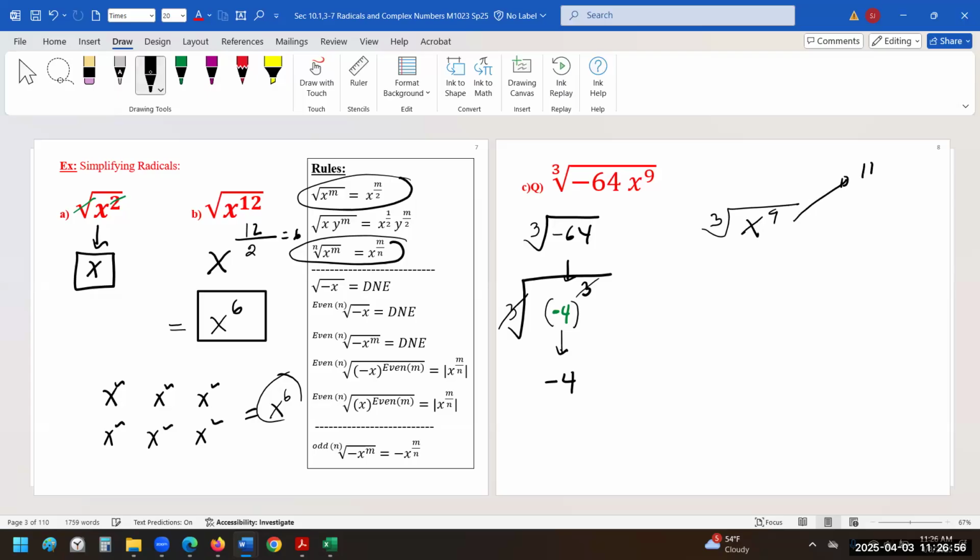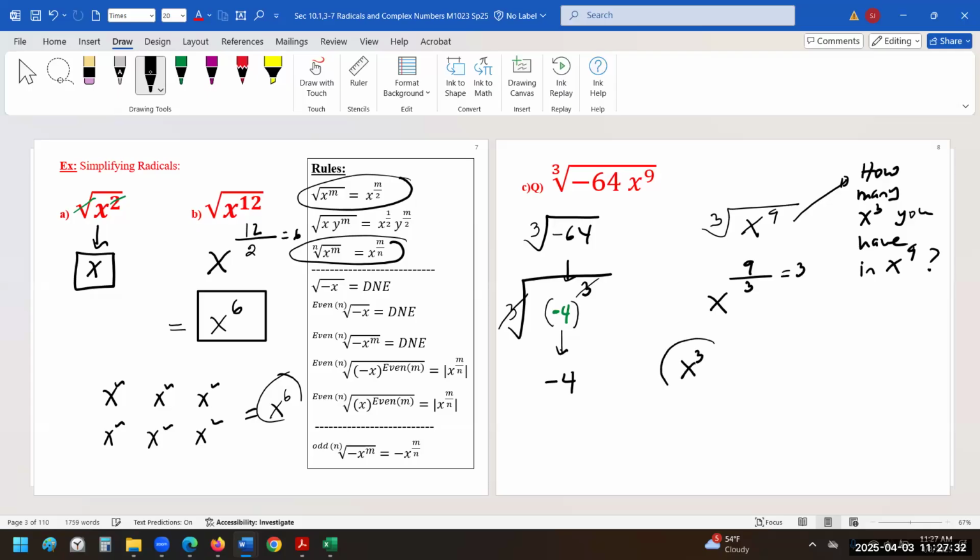This one is asking how many x cubed you have in x to the 9. This is what it means. Because we have a cube root, how many x cubed do we have in x to the 9? We can easily figure this out by rewriting it as a division. So 3 goes into 9 how many times? 3.